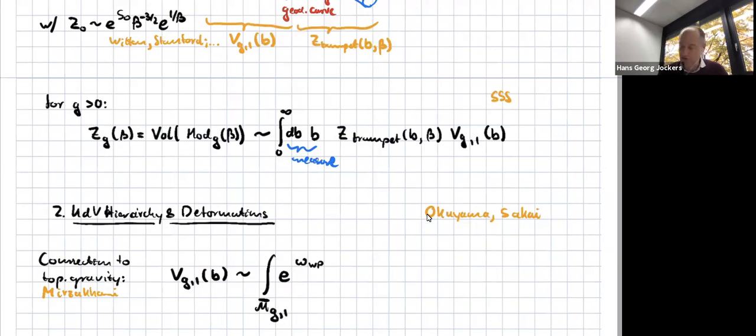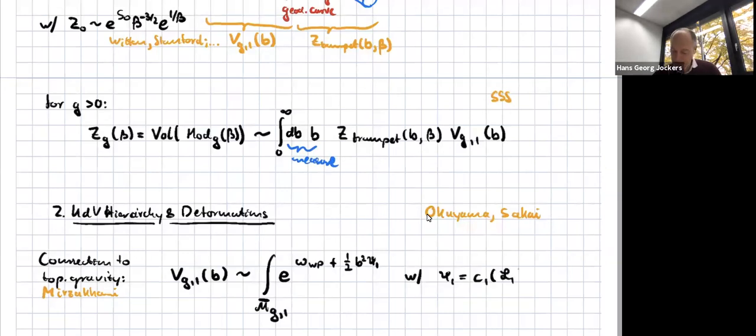But then we also need to take into account the information which comes from the boundary, and this is taken care of by including the following psi class in the following fashion, where psi_1 is now the first Chern class of the cotangent line bundle on this moduli space.